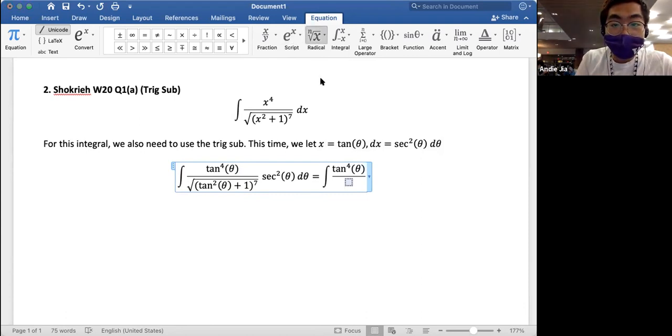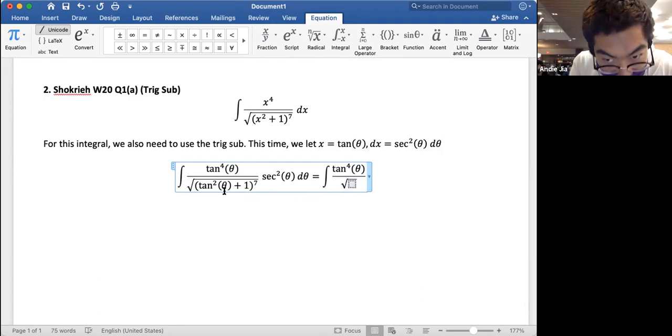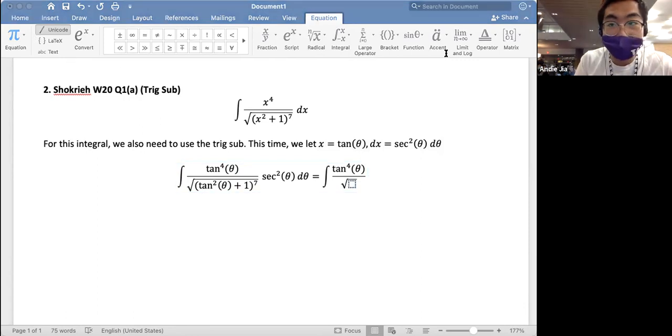So we're going to write this out as secant squared to the 7th.